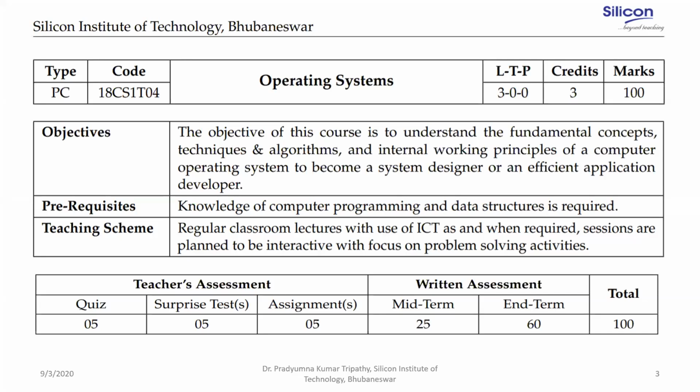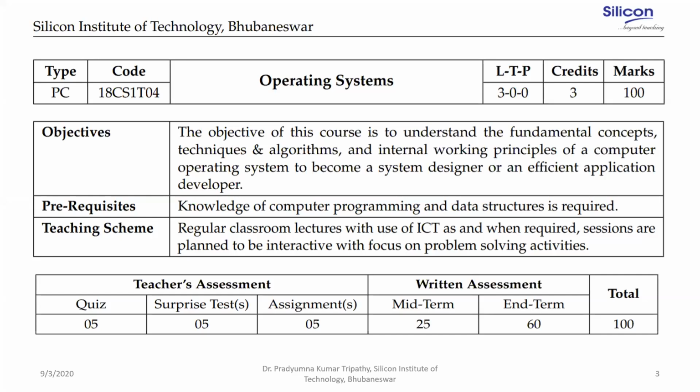We are offering this here as a 3 credit course. The prerequisite is that you should know some computer programming language, and if you know data structures, that will be fine. Although the teaching scheme says regular classroom lectures with ICT, that is actually for the pandemic only. We will go for the online mode, and do whatever is possible.